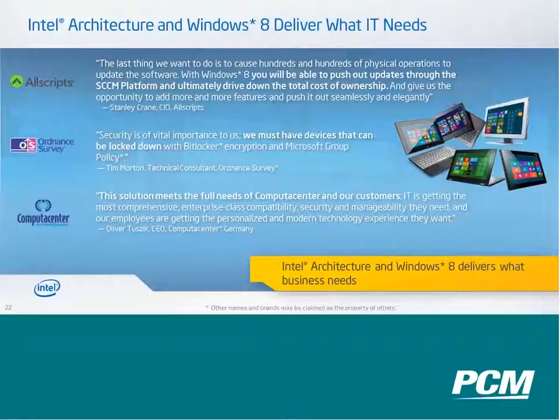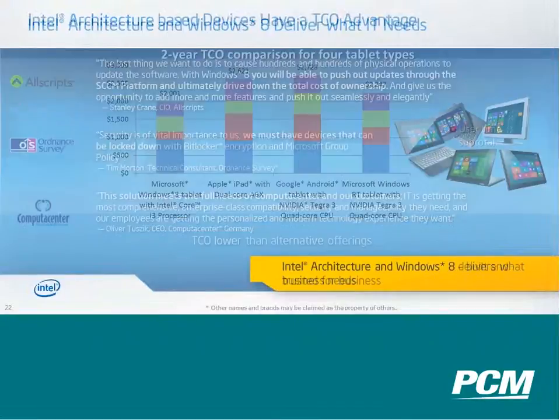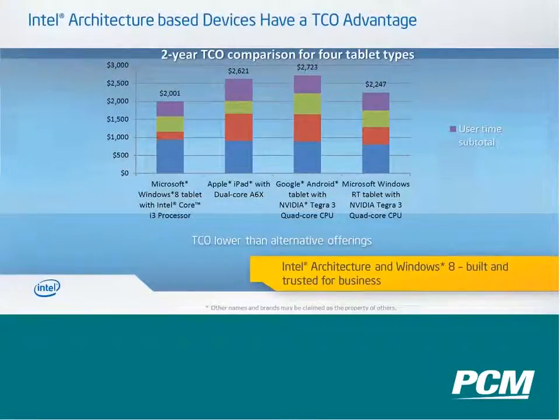So if you think about business usages of it, Windows 8 Pro and the architecture really tell that story together. I do just want to give you a little bit of an idea of total cost of operations, right? Take just the different tablet types that are out there. I want to make sure you see there are a lot of things involved when you implement a tablet from a total cost of operation perspective.